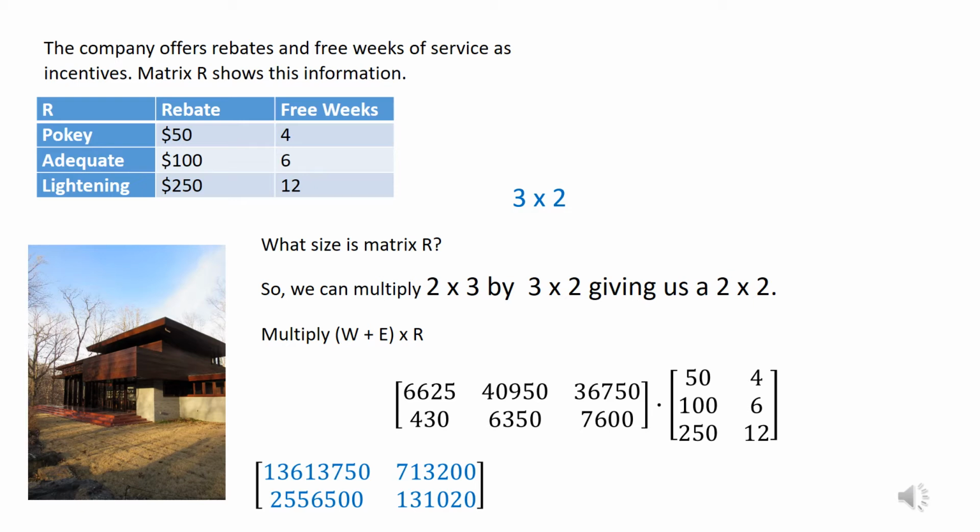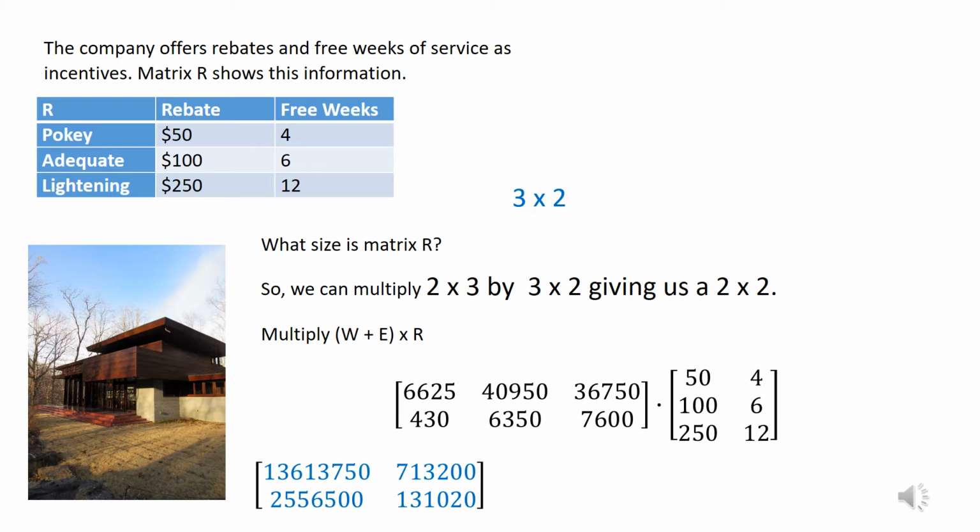I dot the second row vector with the first column vector, etc. So here, if I take the first row and I dot it with the first column, I will be taking the 6,625 homes that chose pokey service and multiplying it by the $50 rebate, and then adding it to the 40,950 homes that chose adequate, multiplying it by the $100 rebate, and then the 36,750 homes that chose lightning service get multiplied by the $250 rebate, giving me $13,613,750 that were given to homes as a rebate.